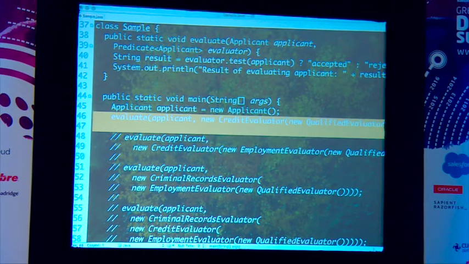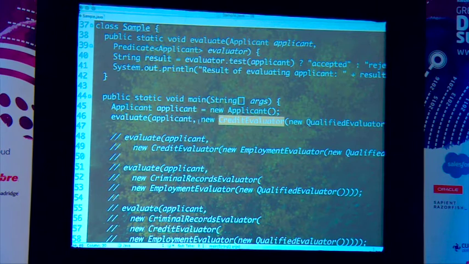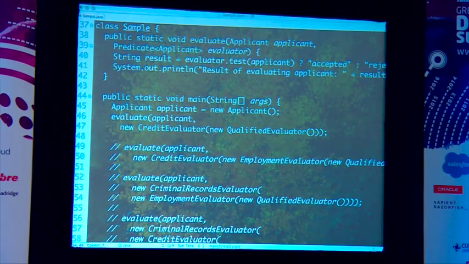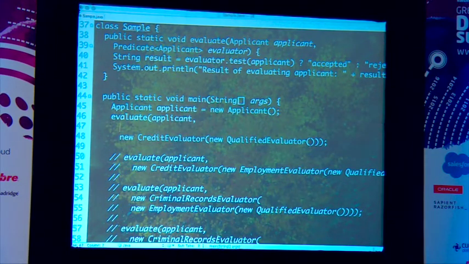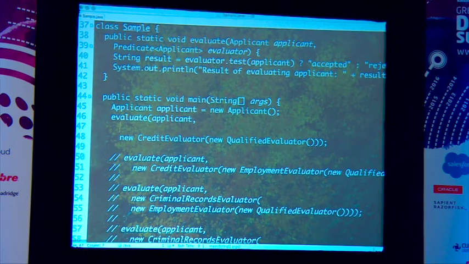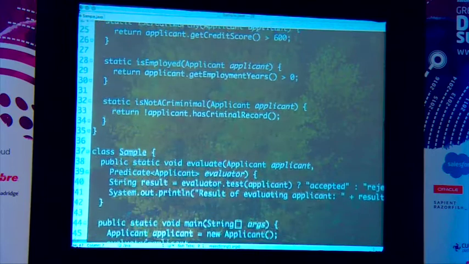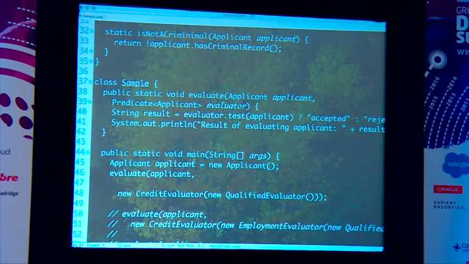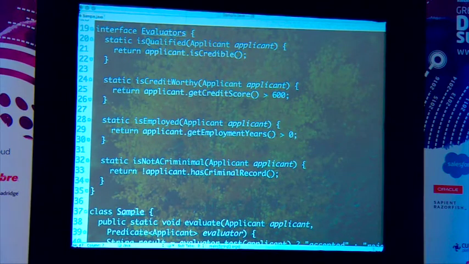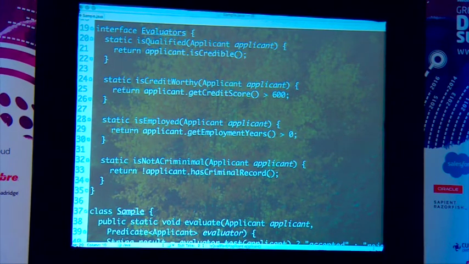Evaluate applicant. We want to check the credit evaluation and the qualified. How do we do that? Well, we could take these as predicates. And if we take these as predicates, we can then work through this a little differently. Let's go back and try this. So I have the qualified, right? That's what I have here. Credit and qualified. So let's go to qualified. Is qualified, what does this return? Maybe I don't want to return a Boolean. I left out the type here for a minute.